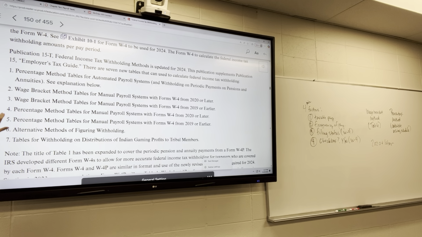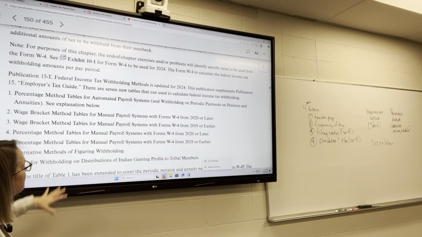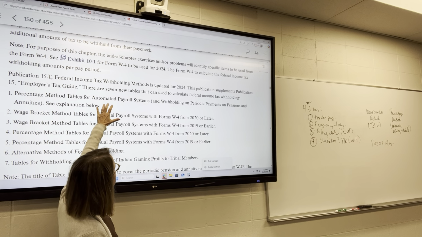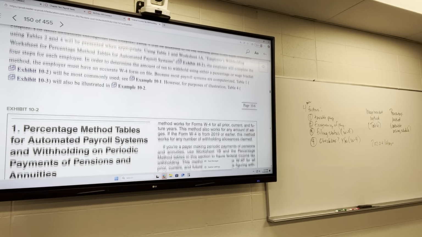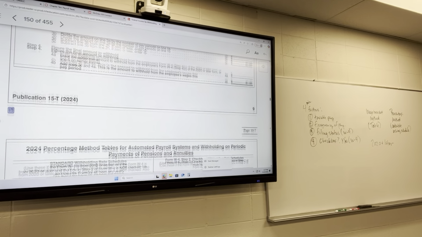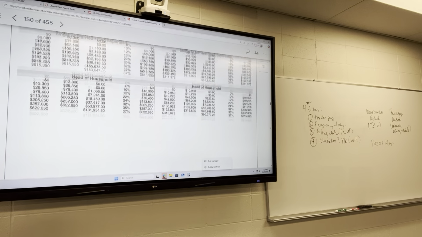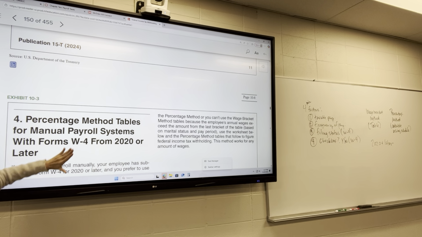If you're using an automated payroll system, it would be pre-programmed into the payroll system, and the system uses this method. I think your book likes to use that method, which is the example they're using here, the automated system. Let me see if they give an example of, oh no, they do give the manual percentage method tables for manual payroll systems.